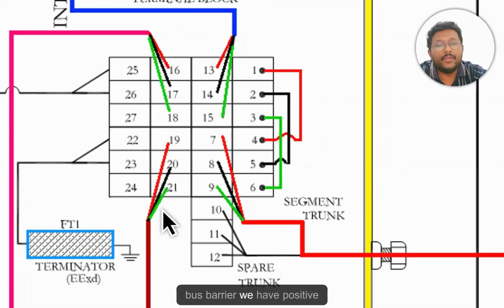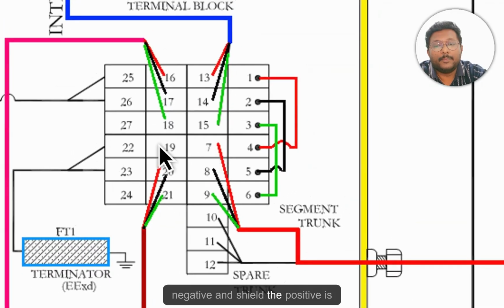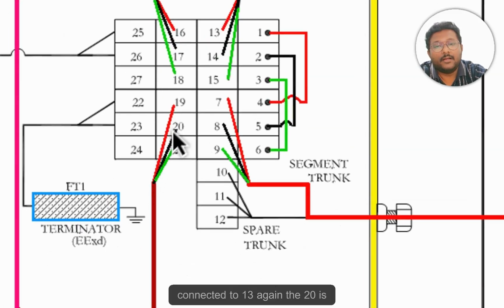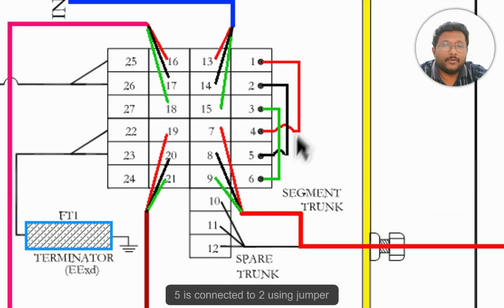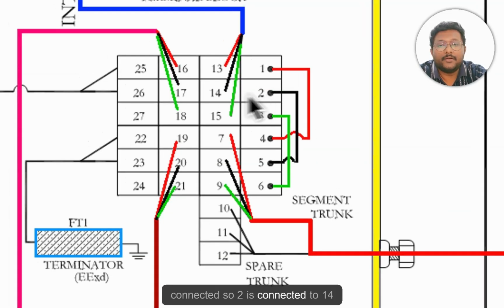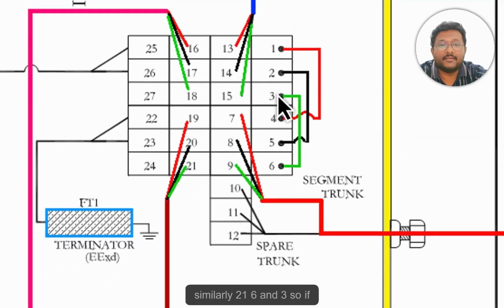In the field bus barrier, we have positive, negative, and shield. The positive is 19, it is connected to 4. Again, 4 is connected to 1, 1 is connected to 13. Again, the 20, it is the negative, it is connected to 5. The 5 is connected to 2 using a jumper because these are not internally connected. So 2 is connected to 14. Similarly, 21, 6, and 3.